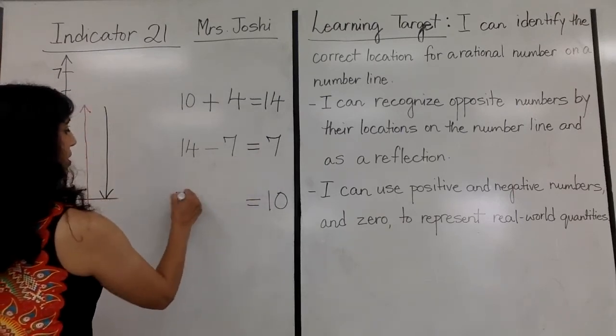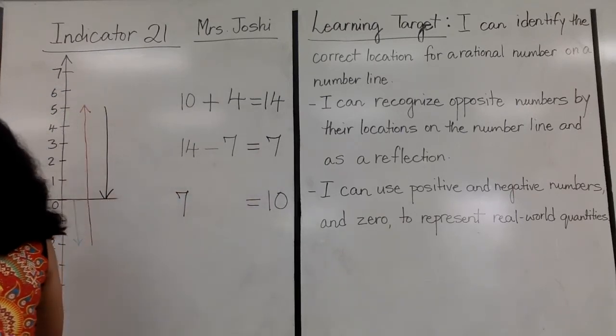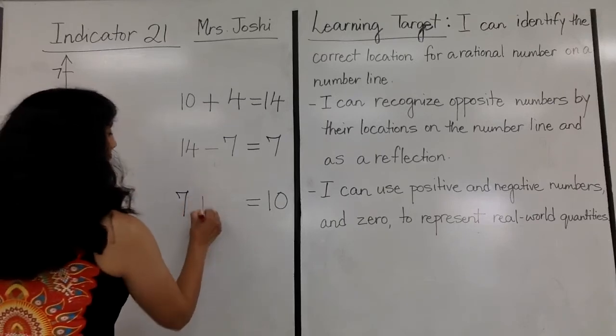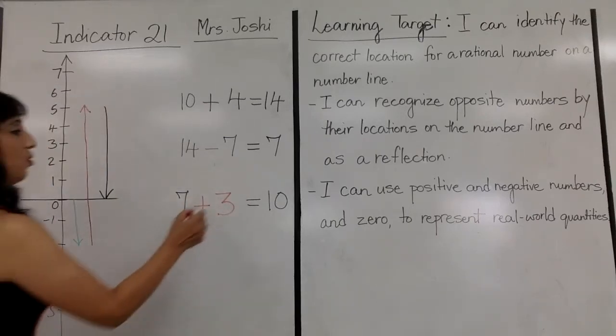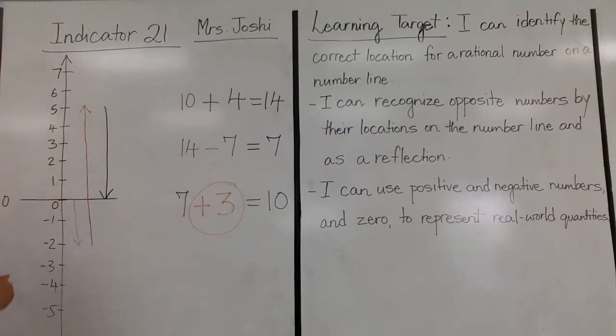So you had 7 here. What will give me 10? The plus 3. So my answer would be positive 3, which is the integer which will help me make a total of 10.